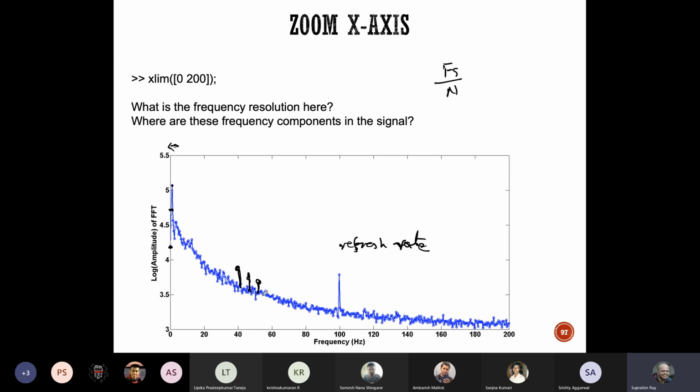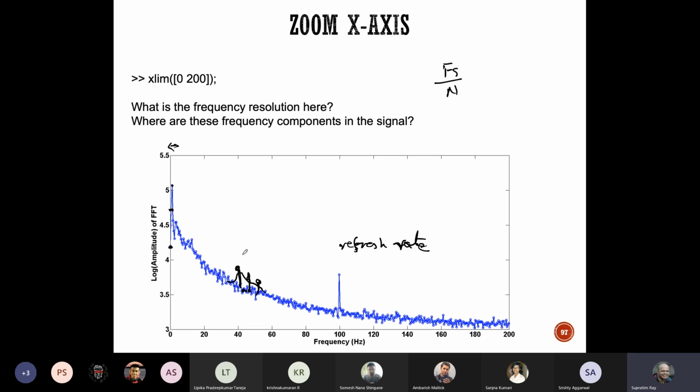I'll be able to separate them only if my frequency resolution is very high, which means these points are very close to each other. If not, I'll end up mixing them because I wouldn't know exactly which frequency each corresponds to. So the question is, how do you do that?